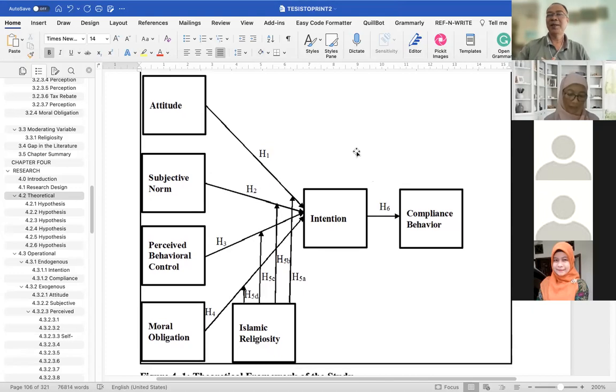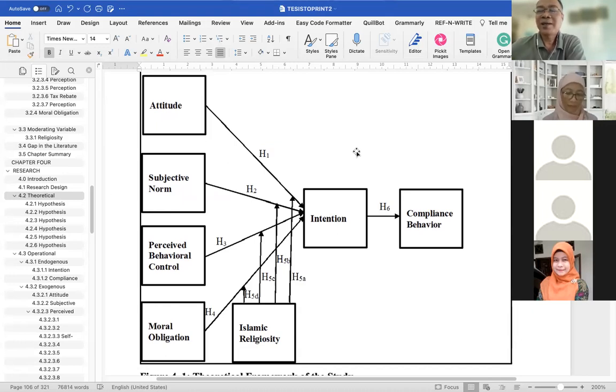So let me repeat. The alignment involves research questions, research objectives, literature review, theoretical framework, and the hypotheses. If you have 6 research questions, you should have 6 research objectives, and you should have 6 hypotheses.